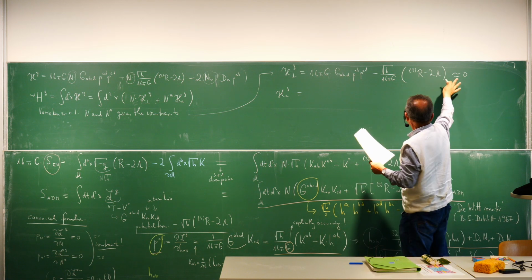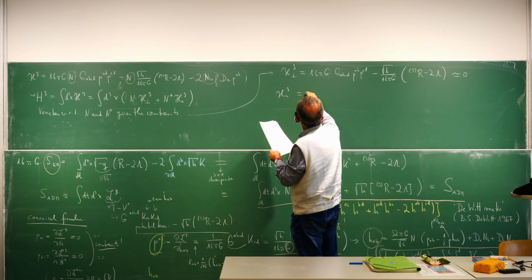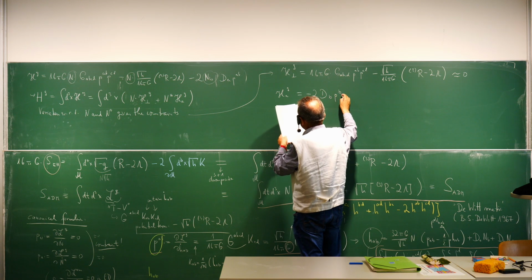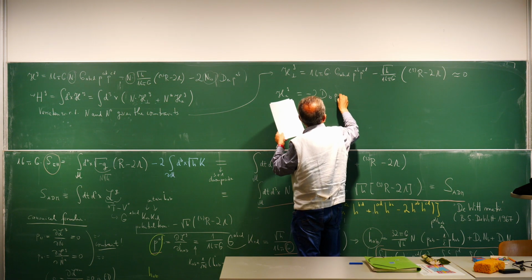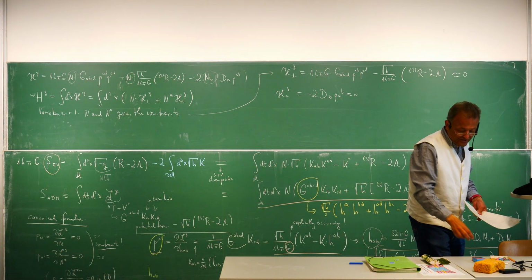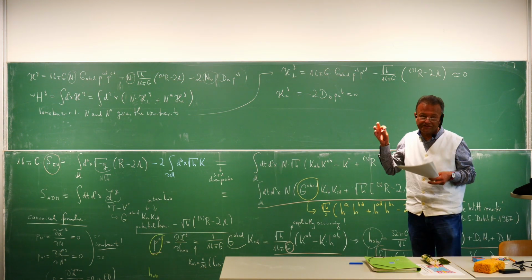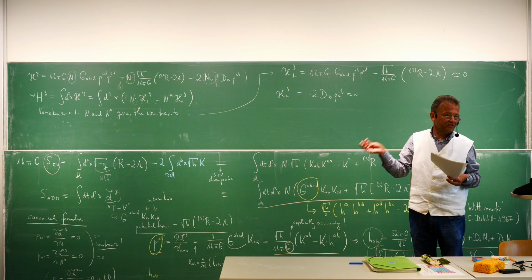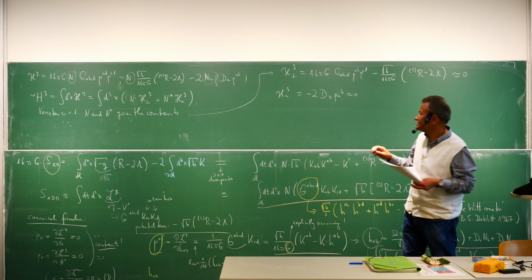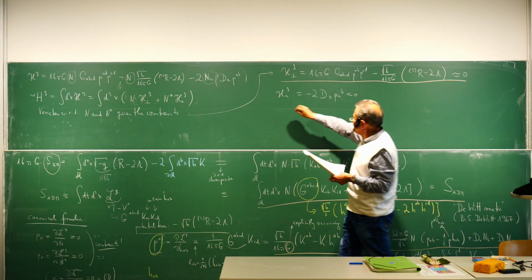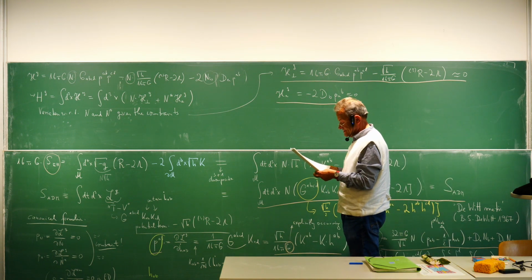If I write it in this Dirac form, and this is just minus 2 D_B P^AB is 0. So then these are the Hamiltonian and momentum constraints, and we already had them last time in the parameterized field theory, already in the particle cases. But here, these are now the constraints in general relativity.